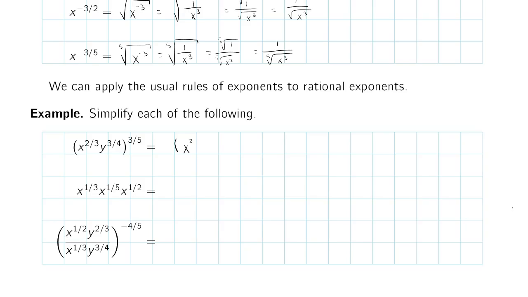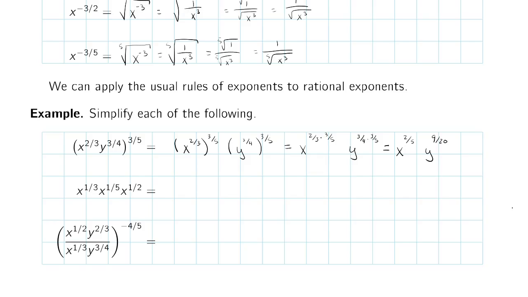Well, that's x to the 2/3 to the 3/5 times y to the 3/4 to the 3/5. And now the power of a power rule says that that's x to the power 2/3 times 3/5 times y to the power 3/4 times 3/5. Multiplying those fractions using a calculator if we'd like, we get that this is x to the 2/5, y to the 9/20.